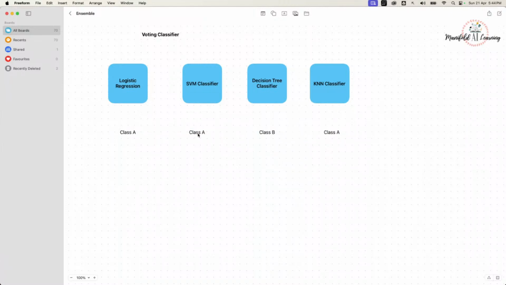In this case, class A has received more votes, so class A is the overall output of this ensemble model.